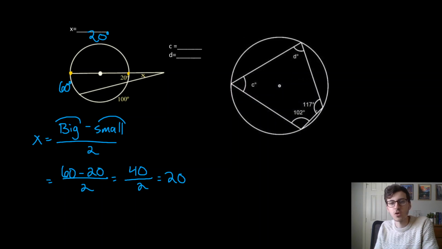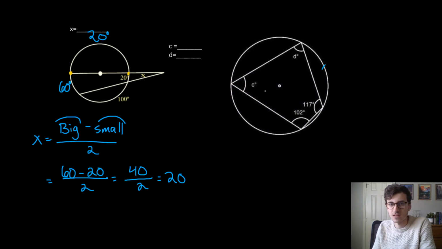Another example, we've got a quadrilateral here. Remember, we could do a lot of things, but remember, we have that theorem that states that the opposite angles of a quadrilateral are supplementary if they're inscribed in a circle. So the opposite angles of an inscribed quadrilateral are supplementary.